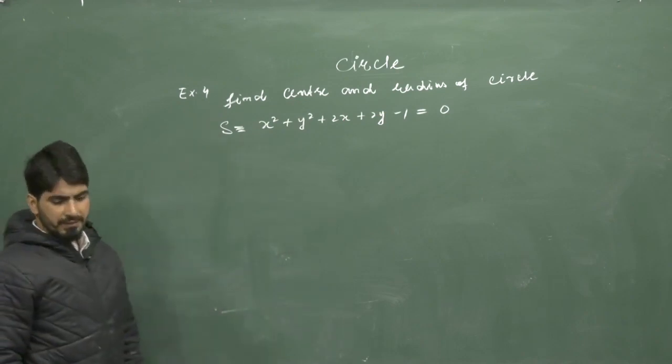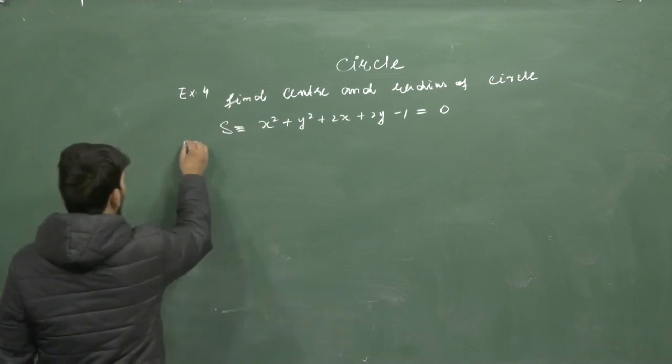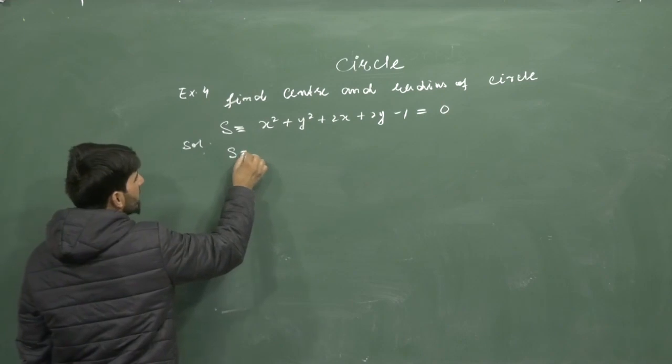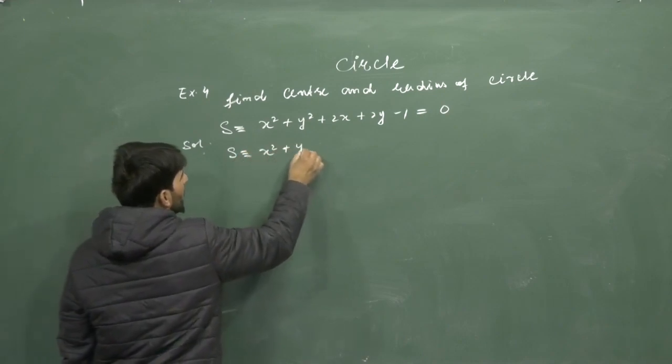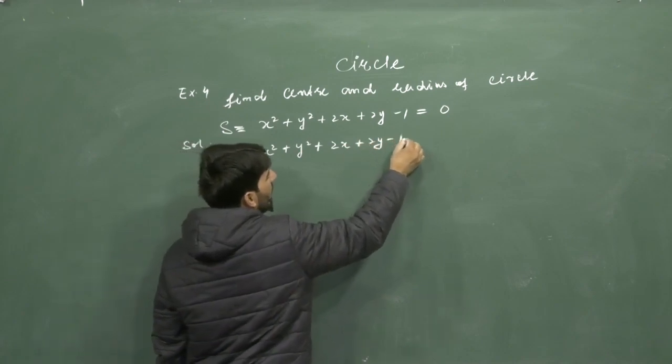So we have to find the center and the radius of the circle. We have the given equation of the circle as x^2 + y^2 + 2x + 2y - 1 = 0.